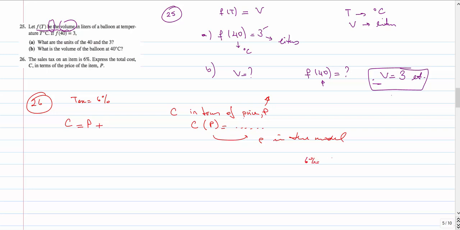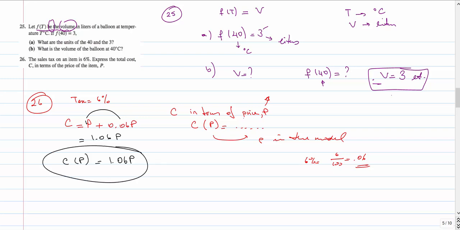To drop the percent, you divide by 100, 0.06, plus my tax, 6% off the price. So you have here the invisible 1. If you add 1 plus 0.06p, so cost in terms of price is 1.06p, which is the answer to this problem.